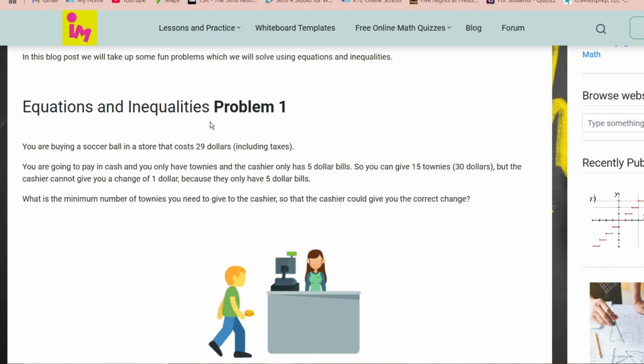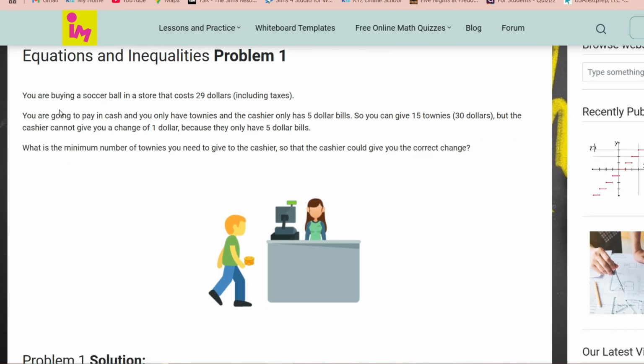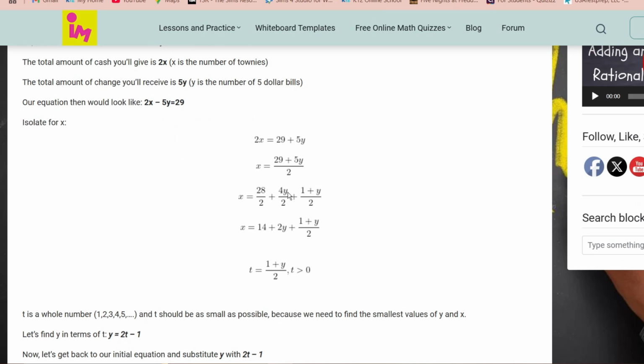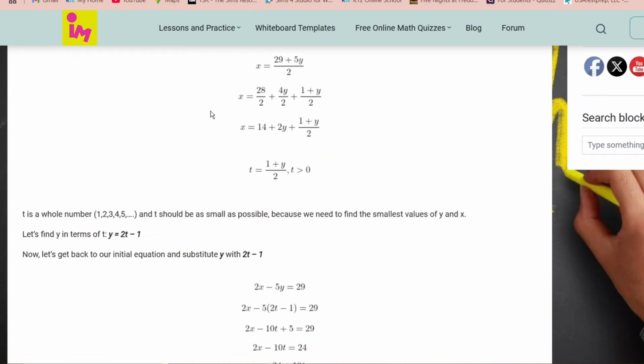Equalities and inequalities, problem 1. Solution, here's all the solving stuff. 2x equals 29 plus 5y. X equals 29 plus 5y over 2. See, look, this lovely site, intomath.org, equalities and inequalities.